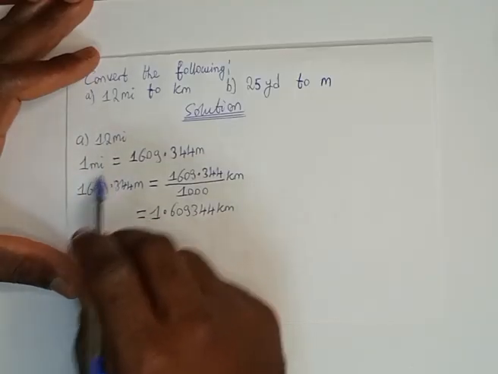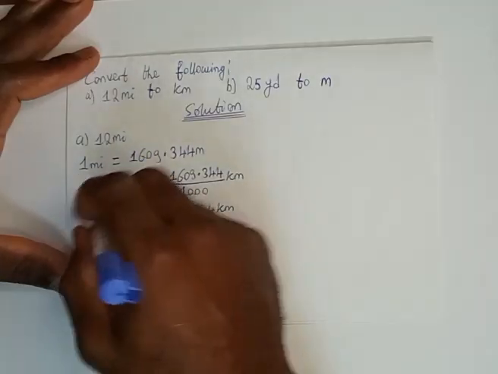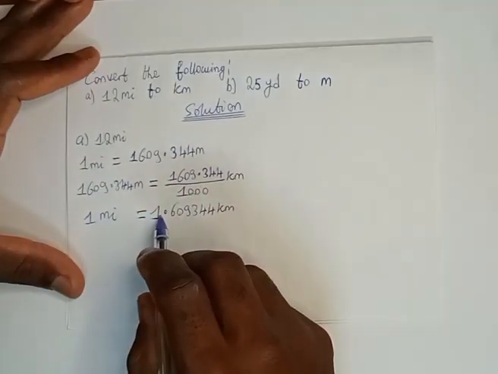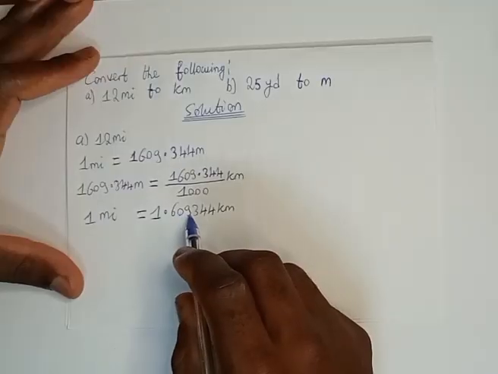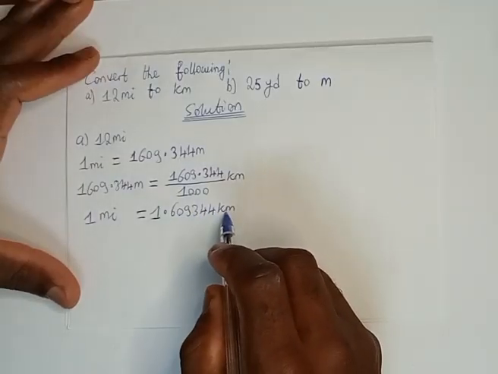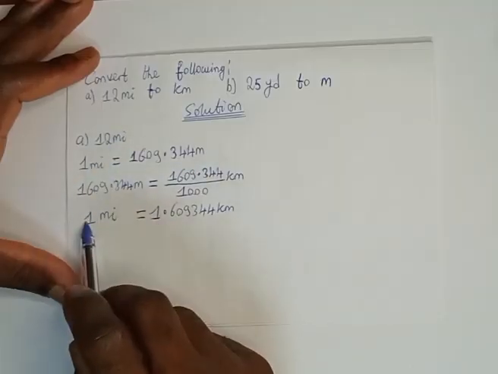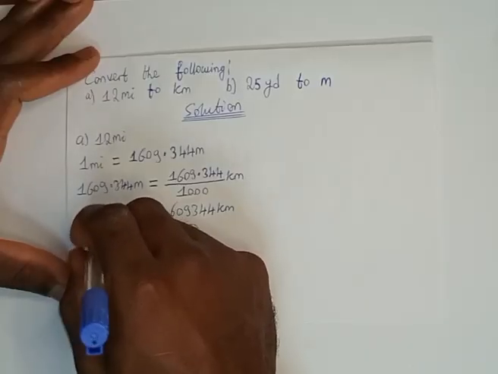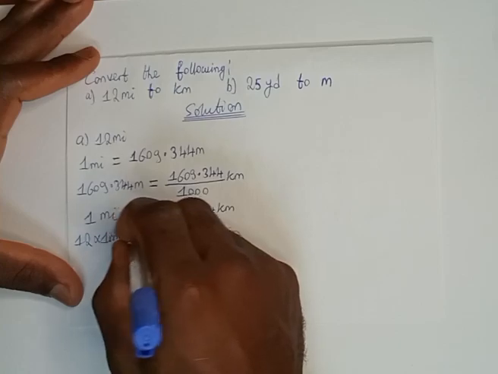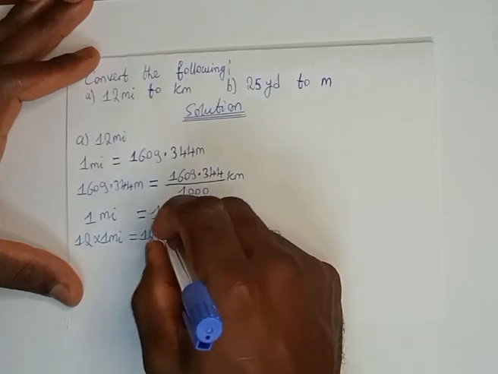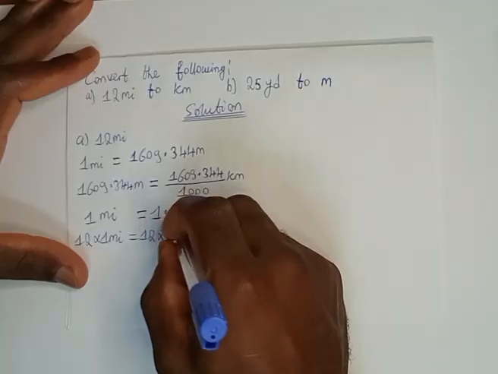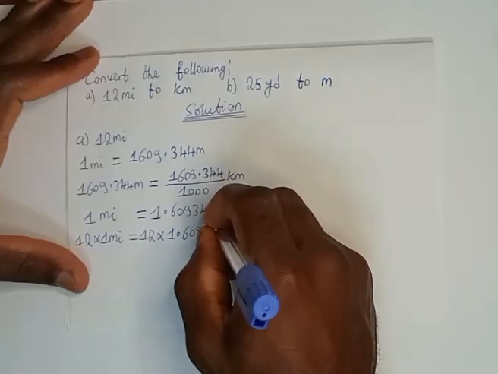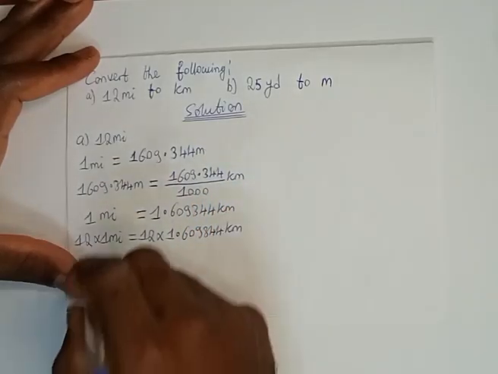It simply means 1 mile, we know this is equal to 1 mile. It simply means 1 mile will be equal to 1.609344 kilometers. For us to convert 12 miles, we are going to multiply through this equation by 12. 12 times 1 mile will be equal to 12 times 1.609344 kilometers.